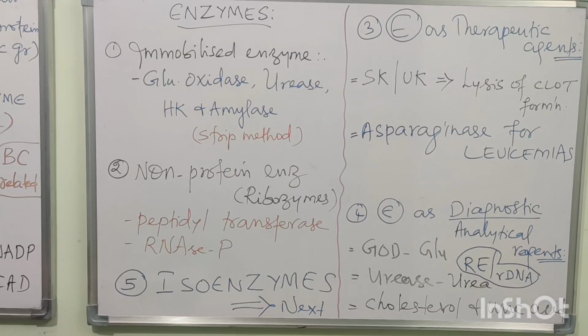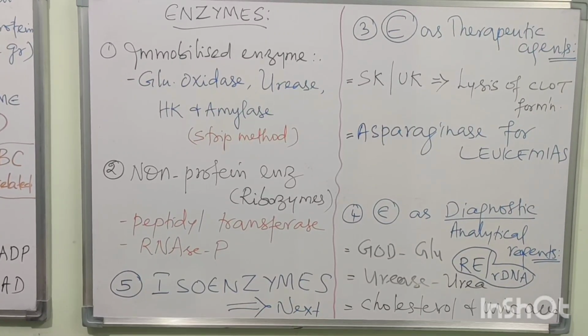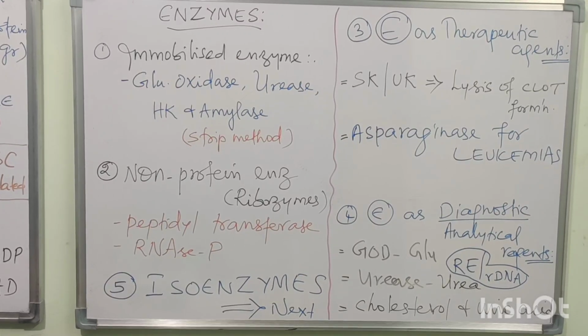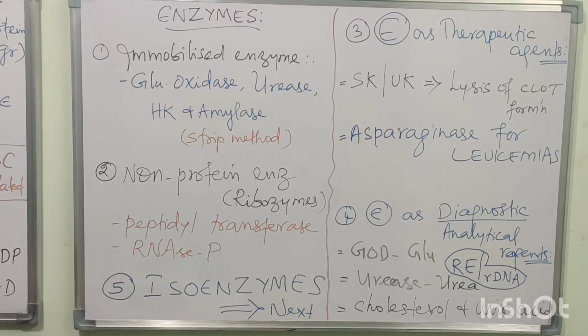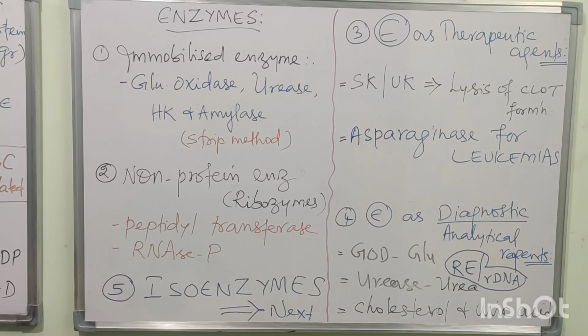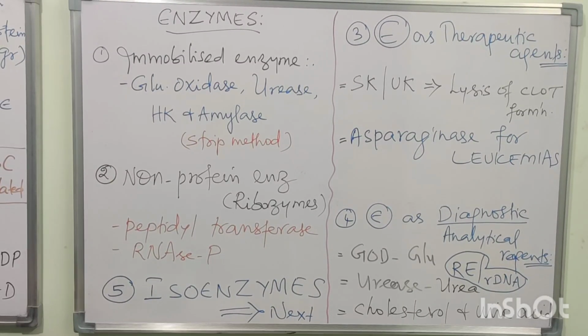The next, third question is: what do you mean by immobilized enzymes and what do you mean by ribozymes? It's just for MCQ that I am giving this. Examples of immobilized enzymes are glucose oxidase, urease, hexokinase and amylase, which are used in the strip method.